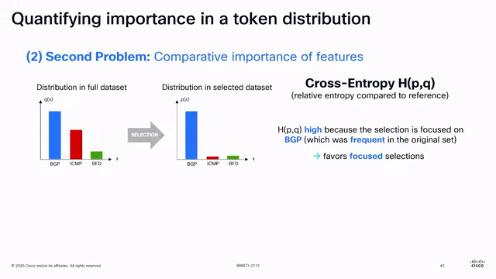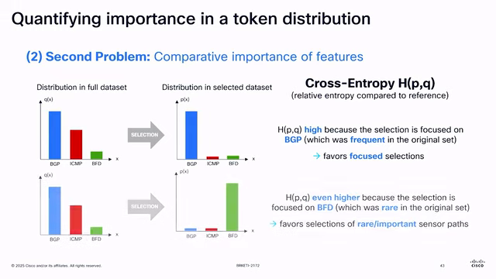The second thing is, how do I compare things? If something in the full distribution, so in my corpus, is distributed like this, a load of BGP, a little bit of BFD, and in my selection there's a load of BGP and again a little bit of ICMP and BGP, that means we favor the BGP piece. But it's even more important if you see something that is rare in the overall corpus and very frequent in my individual selection.